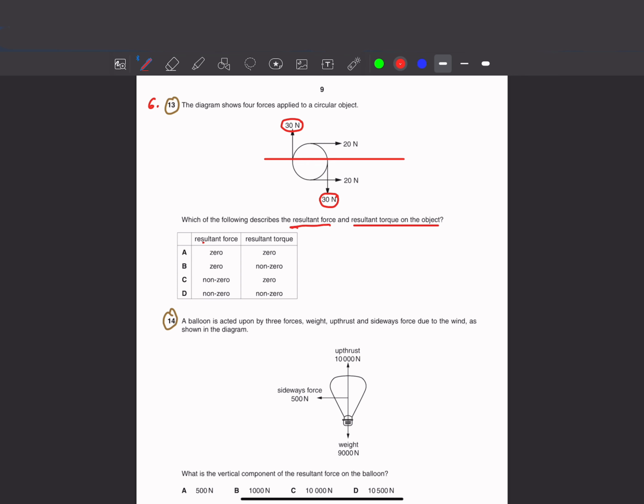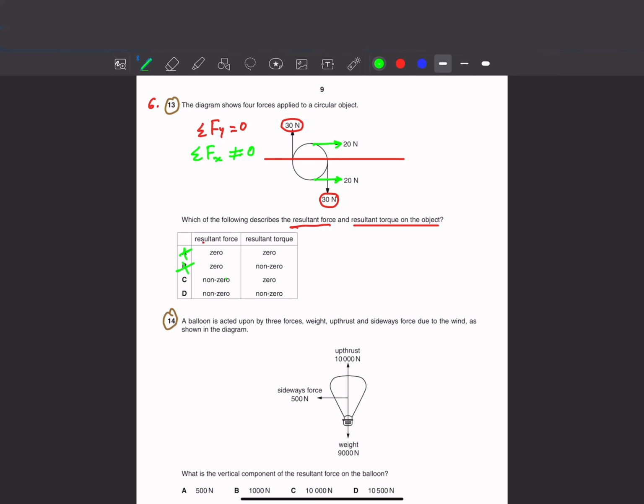So the resultant, summation Fy, is equal to 0. But on the other hand, you can also see that these two forces are in the same direction. So summation Fx is not equal to 0. So the resultant force is not 0, it is non-zero.